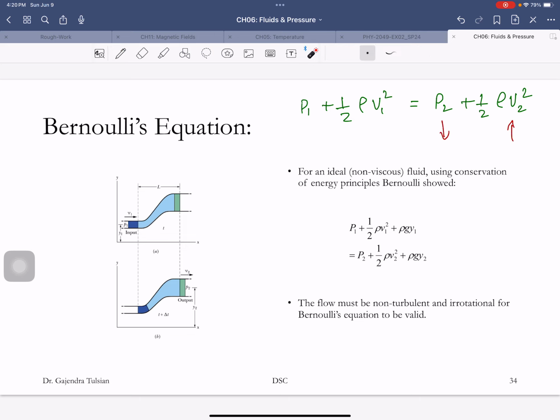That's what you want to remember: the faster a fluid is flowing, the lower the pressure there. So the sum of these two terms, as long as it's flowing in a level area, will be constant.